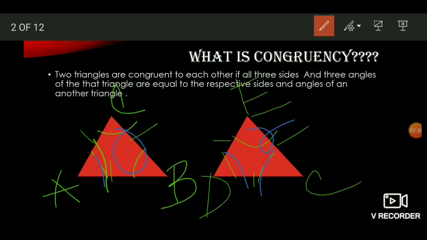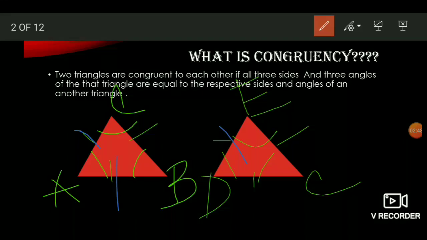This angle and this angle will also be equal, as well as this angle and this angle. This side will be equal to this side, this side will be equal to this side, and this side will be equal to this side. Now we have understood what congruency is and what we refer to by the term congruency.